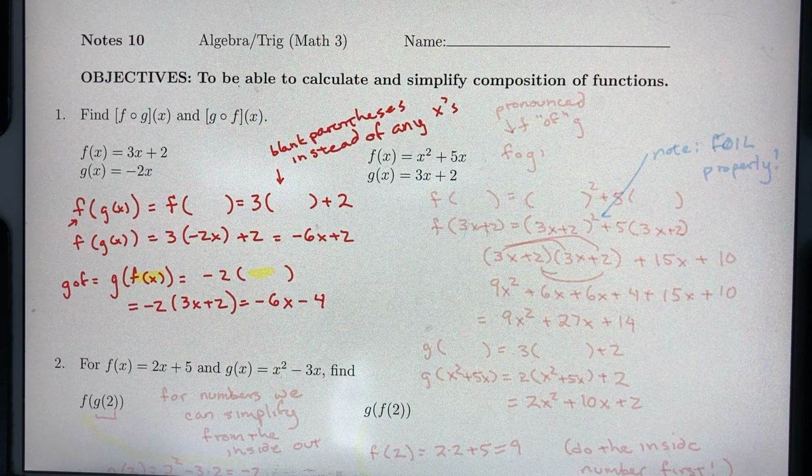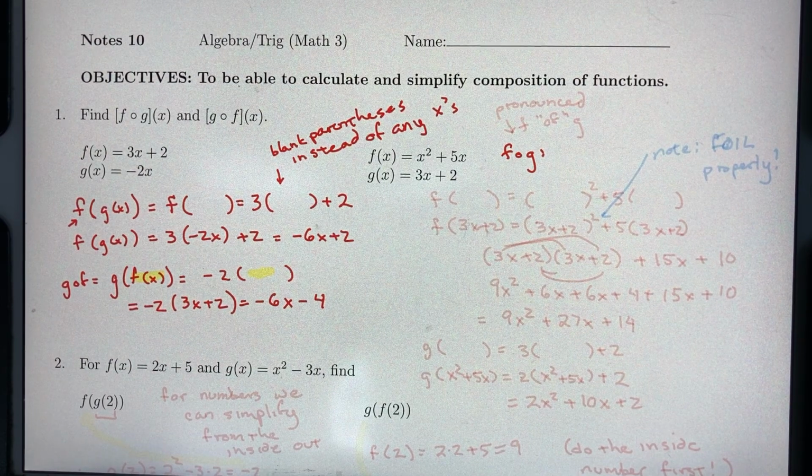Okay, for the next one, f of g turns out to be much more complicated. Again, I want you to get used to both notations. It's f of g by putting a circle or by putting parentheses.